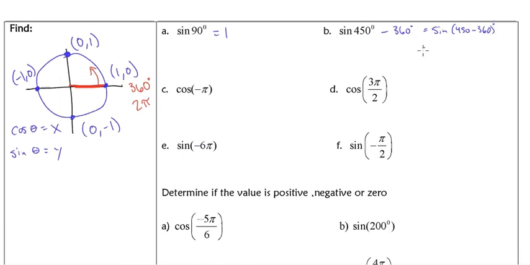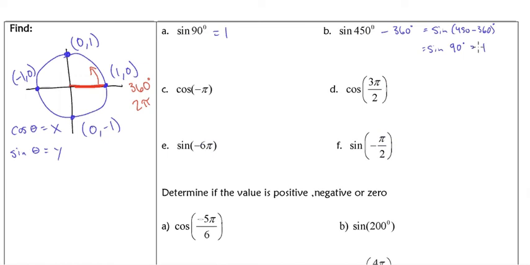And that's the sine of 90 degrees, and we know that one, we just found out. So it's a quarter way around the circle, or one full turn and then a quarter way around the circle. Either way, we get a y value of 1.